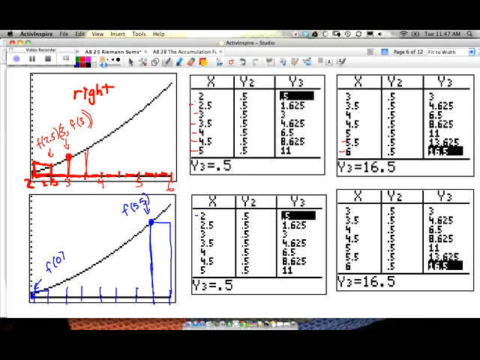Or not 0, f of 2, pardon me. So all these blue ones that I'm highlighting, 3, 4, 4.5 and 5.5, we end there. So for the left sums, we're not going to be using the last one. For the right sums, we're not going to be using the first one.